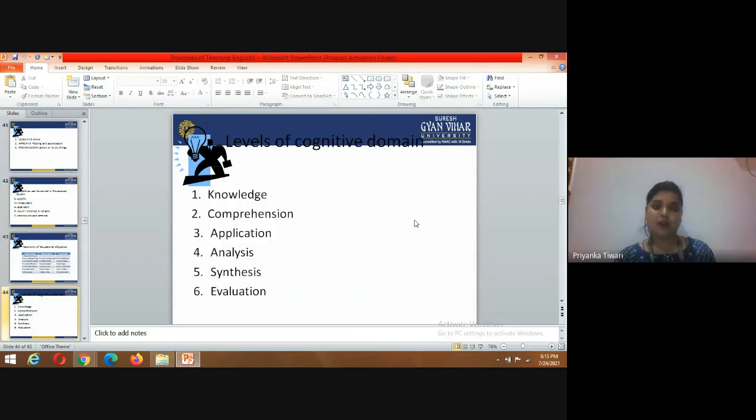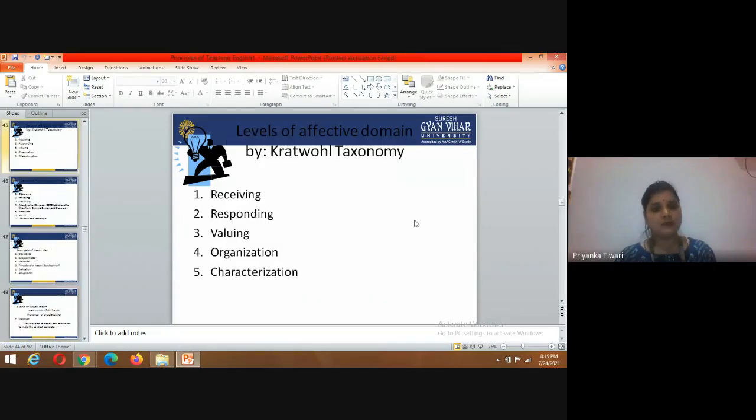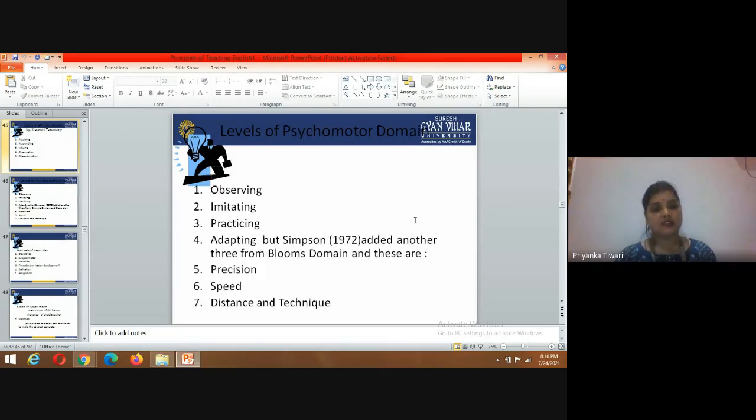Then after, levels of cognitive domain: knowledge and comprehension, application, analysis, synthesis, evaluation. And levels of affective domain: receiving and responding, valuing, organization, and characterization.